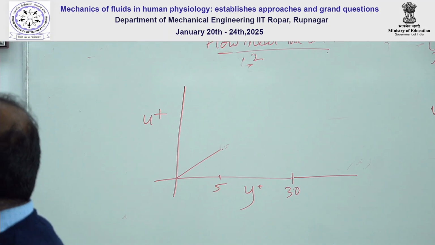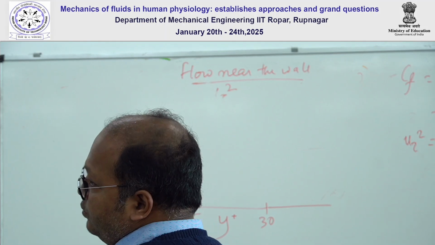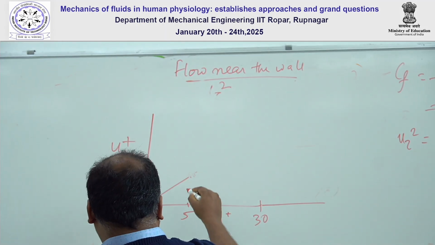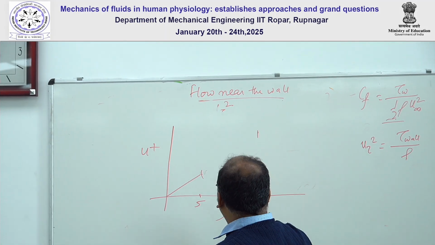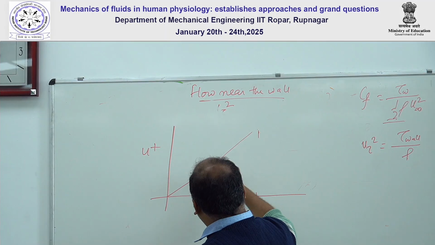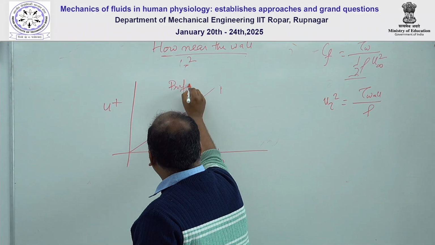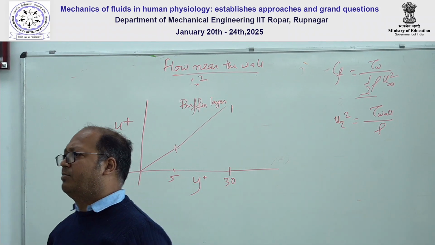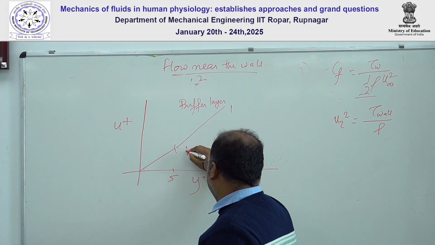People try to obtain some sort of power law scaling. This is the intermediate region, called the buffer layer, where people just use some normal power law scaling.